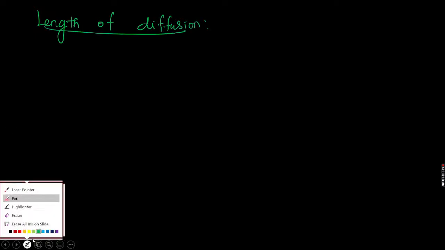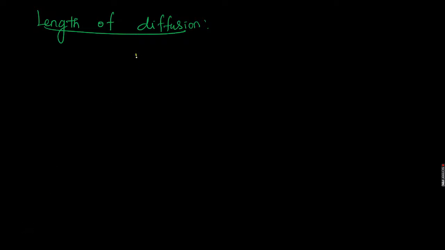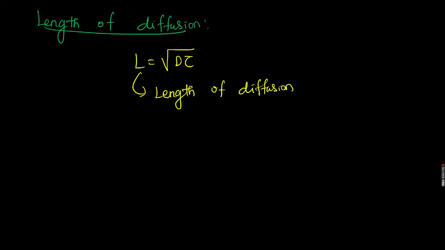Next, let us discuss the formula to calculate the length of the diffusion. Okay, fine, sir. How to calculate the length of the diffusion? That is L is equal to square root of D into tau, where L denotes the length of diffusion.